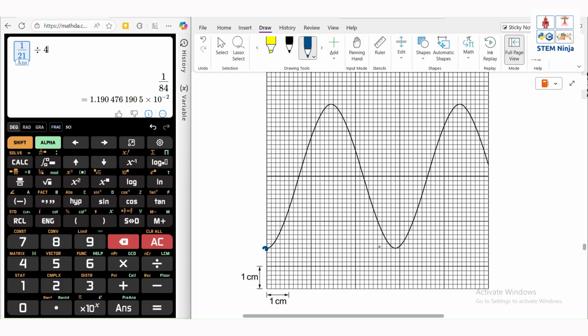So if this point is in phase with this point, if we can figure out the time over here, so this would be 1, 2, 3, 4, 5, and 5.8, you could say.